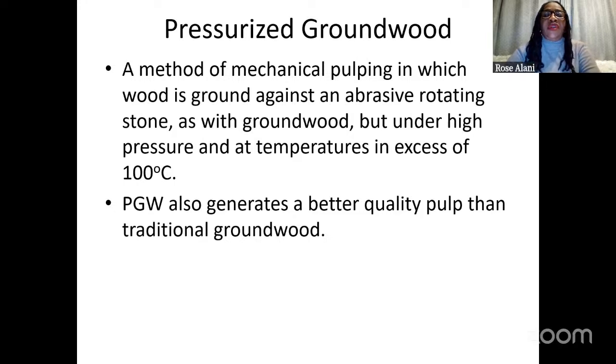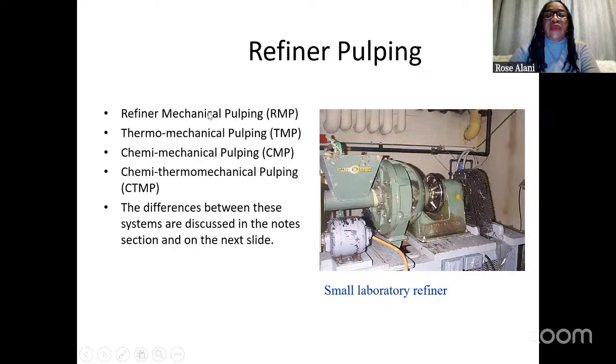You're talking of the pressurized ground wood method. So it generates a better quality of pulp than traditional ground wood. That's the difference. So now we have the refiner pulping method. It's also a mechanical pulping method.